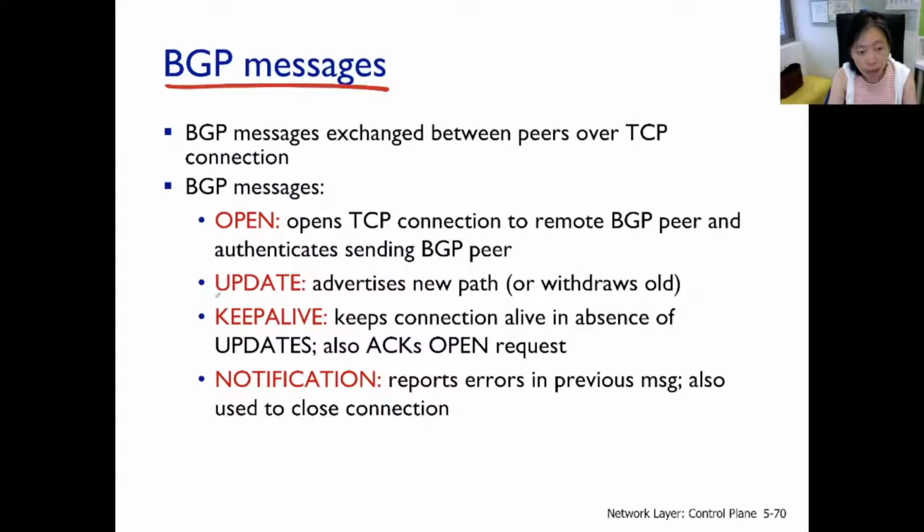Now, the update message. This is the message being used to send the path advertisements, the path vectors. This message also allows the routers to withdraw outdated path vectors. The keep alive message we saw earlier is to ACK the open message to establish a TCP connection.